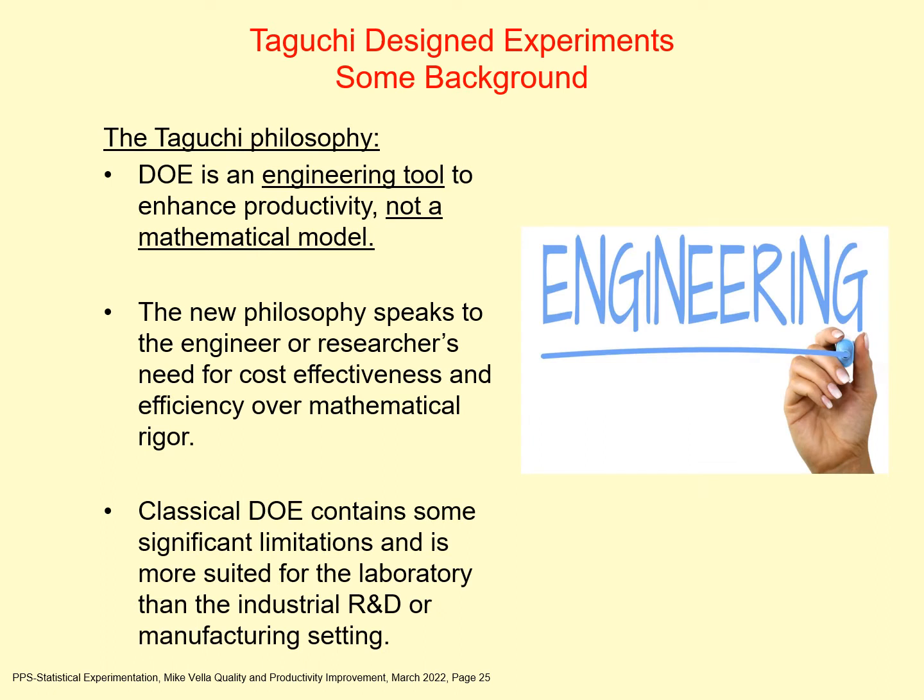And that philosophy is that designed experiments should be an engineering tool to enhance productivity, not a mathematical model. This new philosophy speaks to the engineer or researcher's need for cost effectiveness and efficiency over mathematical rigor. The classical designed experiment contains some significant limitations and is more suited for the laboratory than in the industrial R&D or manufacturing setting.